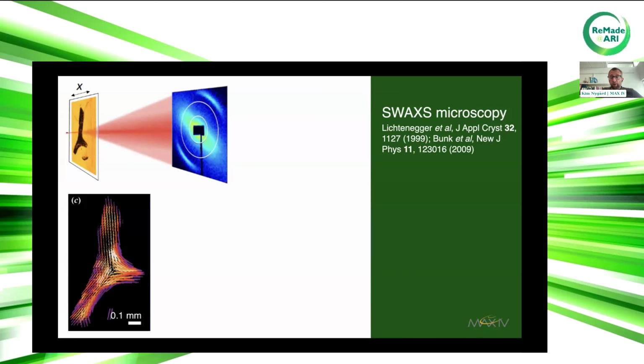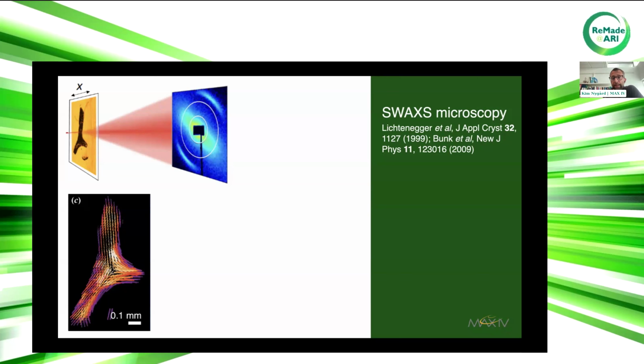You see that bone consists of mineralized collagen that exhibits anisotropic scattering in the SWAXS regime because the collagen has a preferred orientation.